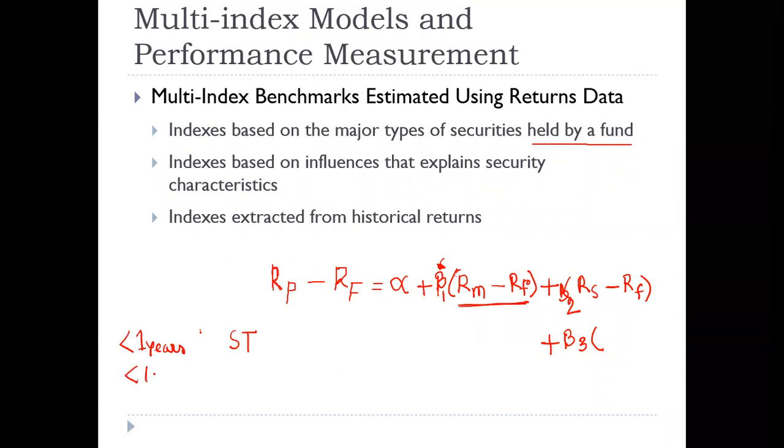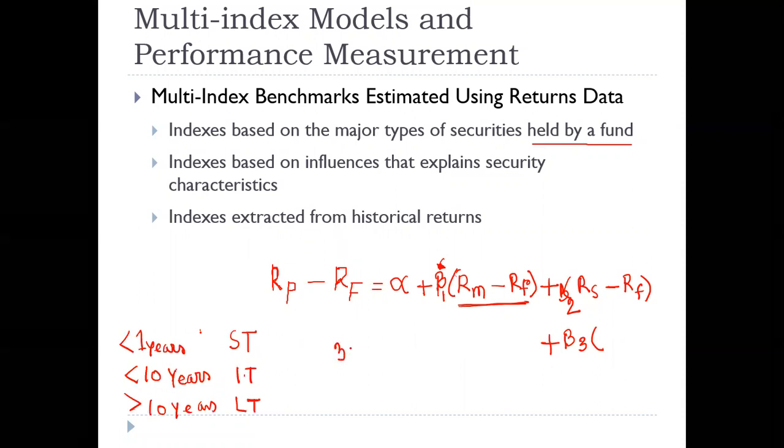Now, if it is less than 10 years, we term it intermediate term. If it is greater than 10 years, we term it long term. In the US, you are not expected to get 30 years nowadays; you are expected to get a maximum of 10 years.